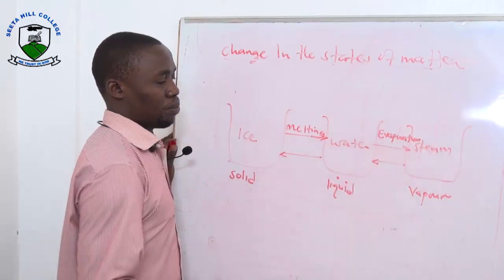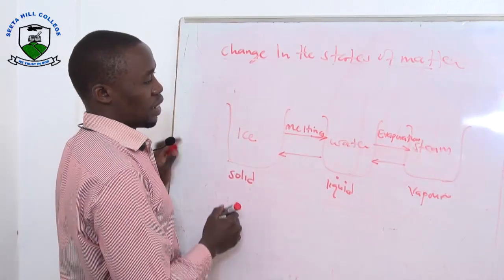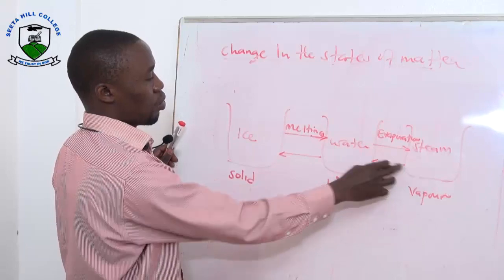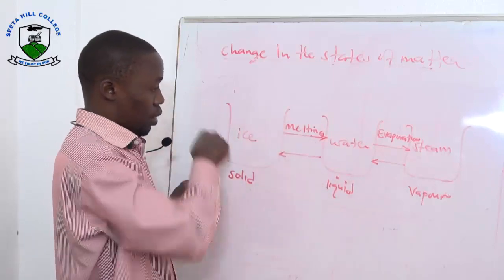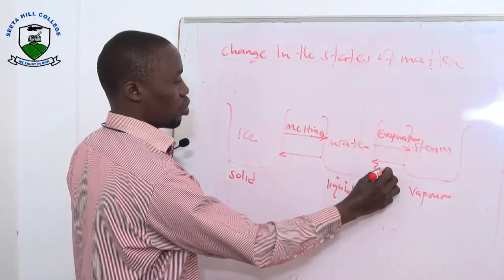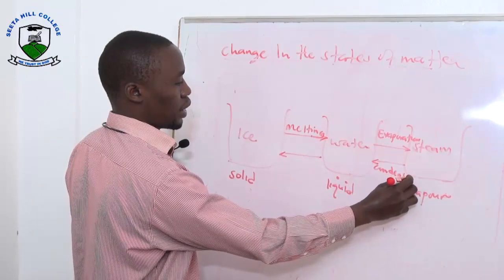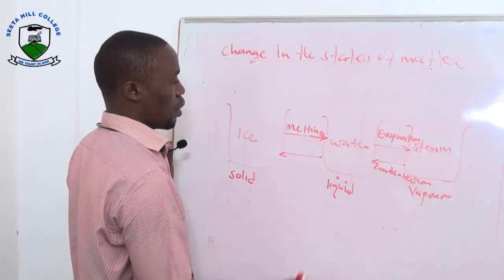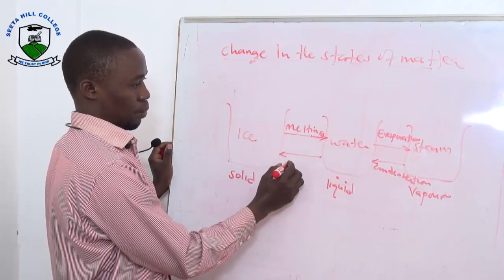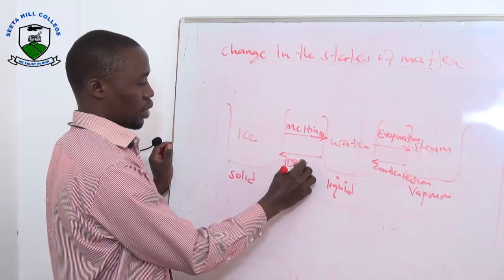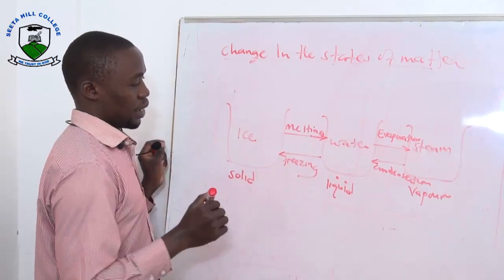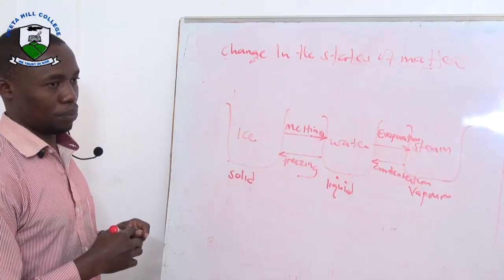What is the reverse here? Steam to water. Condensation. Steam has condensed. Then water to ice. Freezing. Clear?